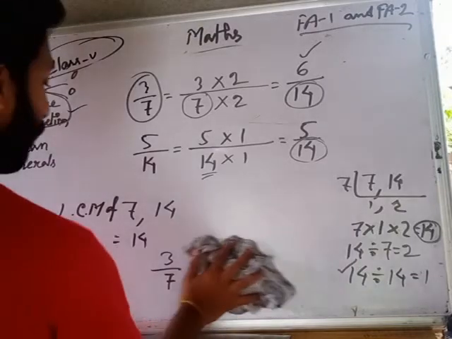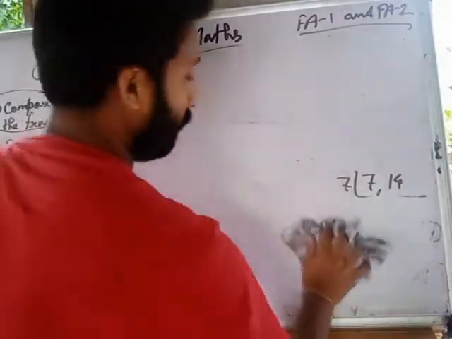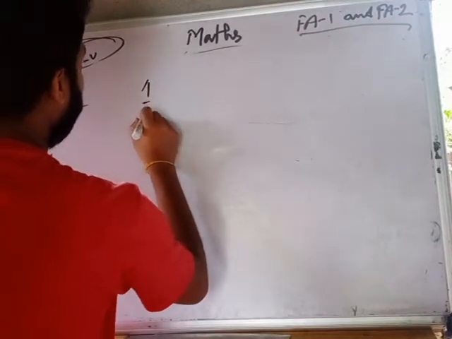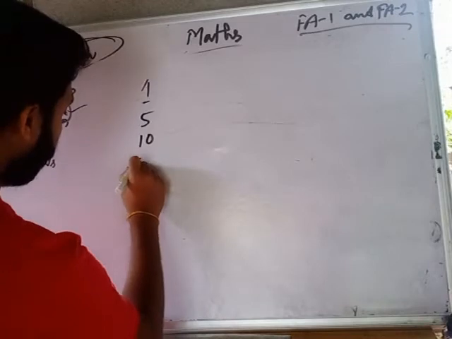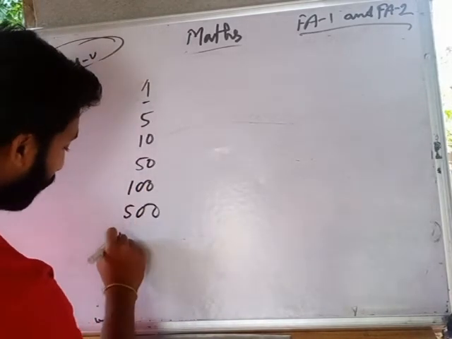After that, I will tell you the Roman numbers. 1, 5, 10, 20 not necessary, 50, 100, 500 and 1000.